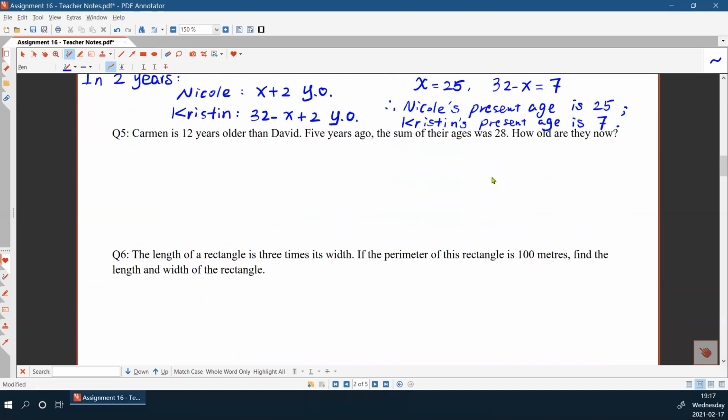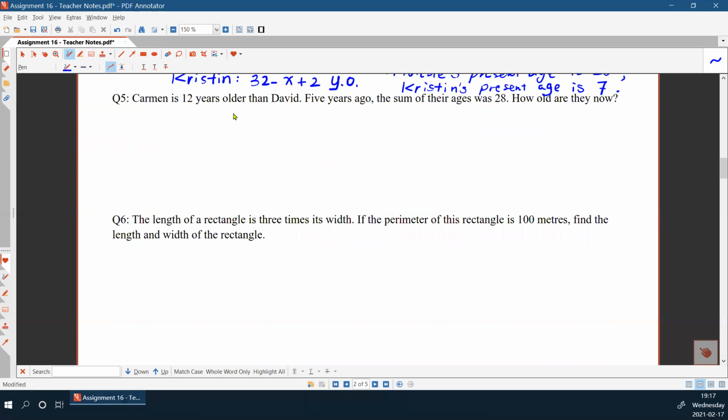All right, let's see question 5. Carmen is 12 years older than David. 5 years ago, the sum of their ages was 28. How old are they now? Again, this is a typical age problem. So you want to find their current age, right?